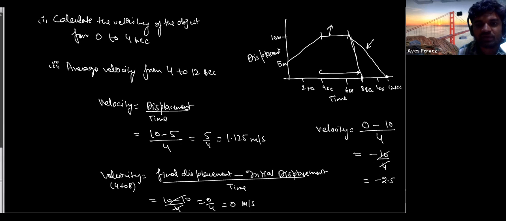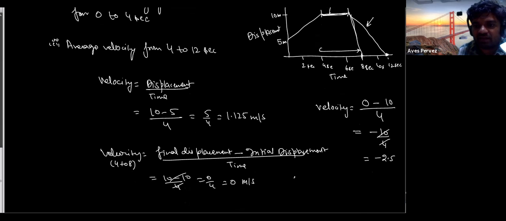You can easily calculate that the total displacement is 0 here. Or you can say that this is velocity 1 and this is velocity 2. So you can also use the average velocity formula that we have, a direct formula: average velocity is equal to v1 plus v2 divided by 2.